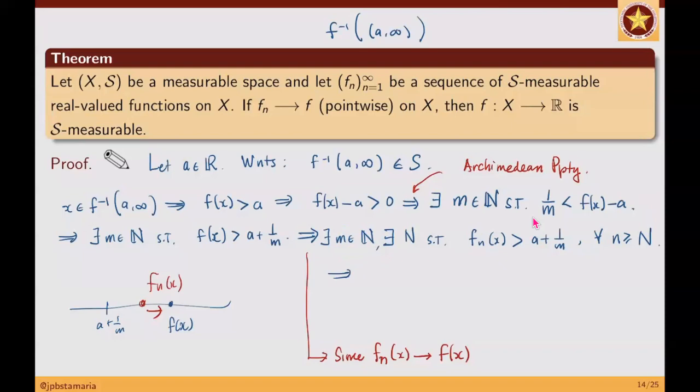Okay. So ito siya. There exists a natural number n in N. What else? In N ulit, no? And such that for all n greater than n, anong true? Itong true. But you know, I can rewrite this more nicely. Ganito, si x nasa inverse image ng a plus 1 over m to infinity under Fn.